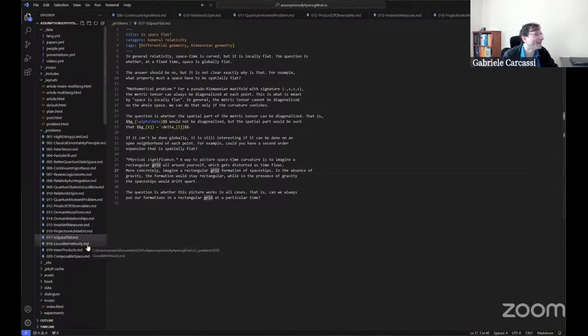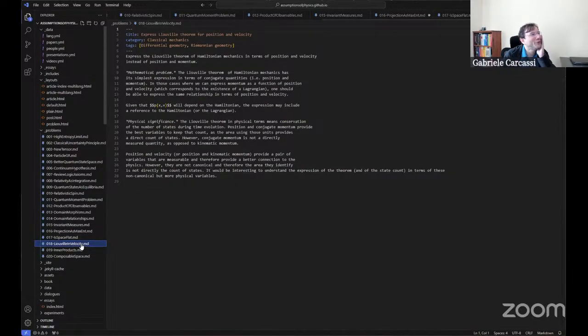Okay, then the Liouville's theorem for position and velocity. It's one of those things that I feel somebody must have already done this, but there are a lot of things that I feel somebody must have already done, and I don't see it.